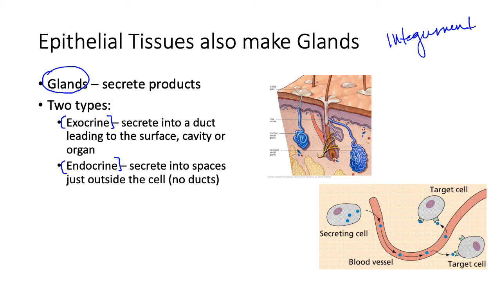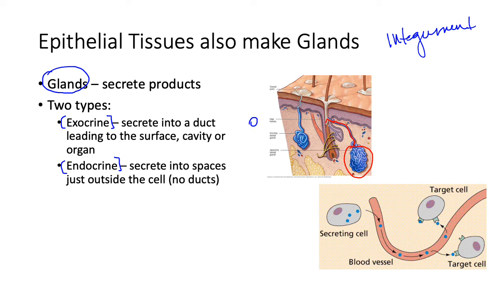Exocrine glands, like the gland we see in this top figure here, secrete their substance into a physical duct that leads to the surface of the body or a cavity or an organ. So here's our gland, and this gland is going to secrete its products into this duct. And that duct, in the case of our skin, actually leads to our hair follicle.